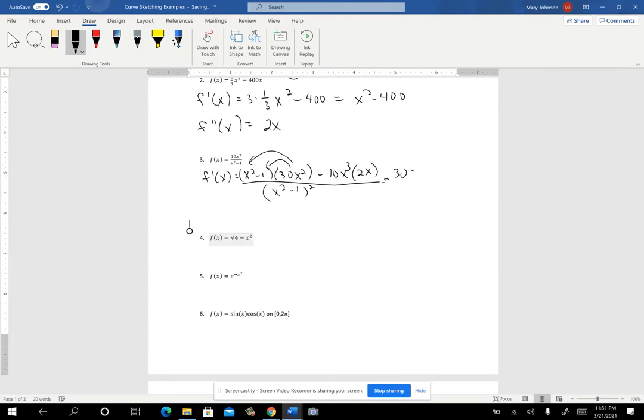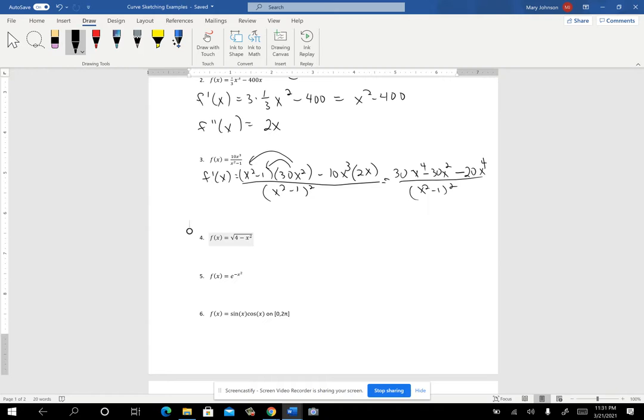So that's going to be 30x to the fourth minus 30x squared minus 20x to the fourth over x squared minus 1 squared. Gosh, I don't remember that.